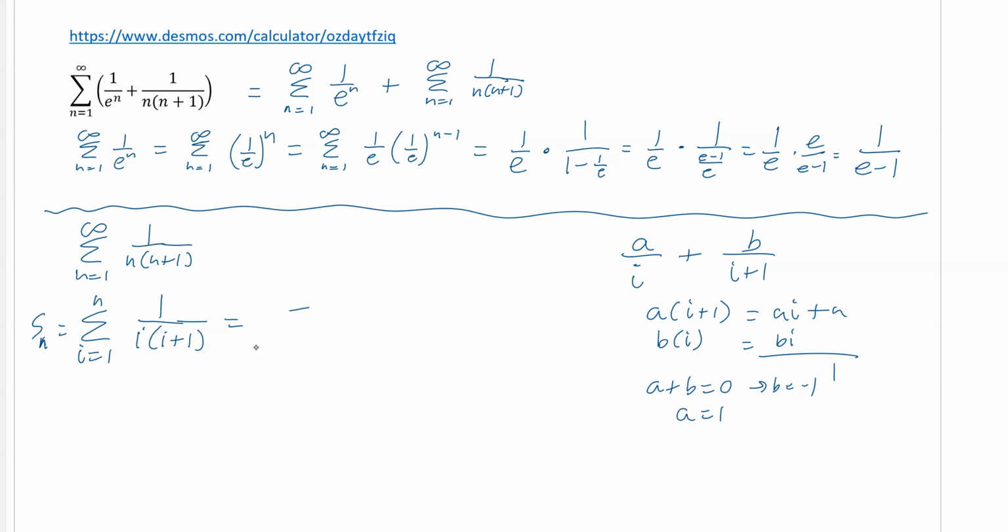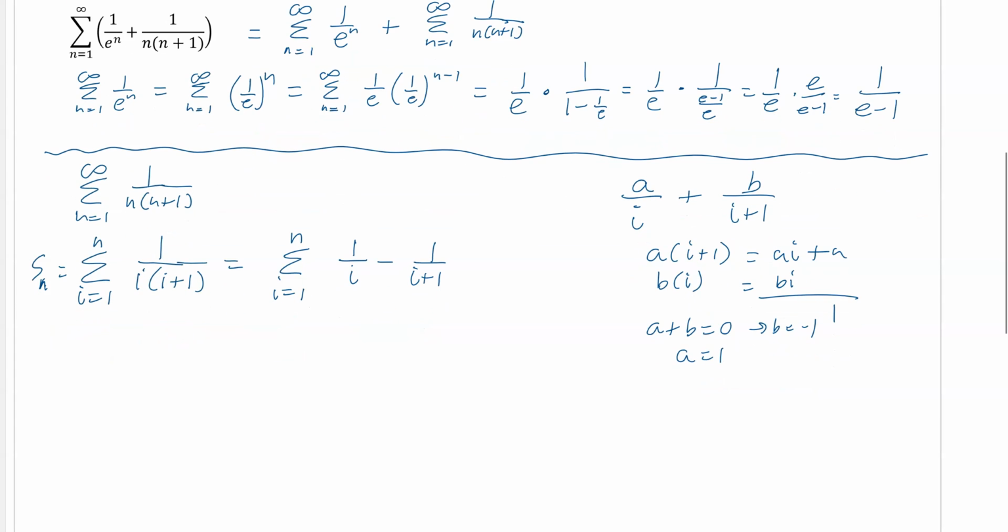So we can rewrite this. And again, we're looking for that telescoping series. We wanted to see that negative there so that we have our subtraction. So this would be 1 over i minus 1 over i plus 1. And then we plug in our numbers to see if we can find a pattern and then just convert it back. First would be 1 over 1 minus 1 over 2. That was if we plug in 1.